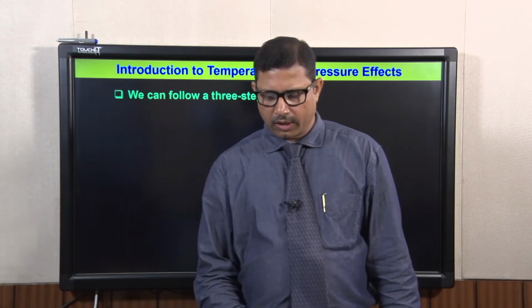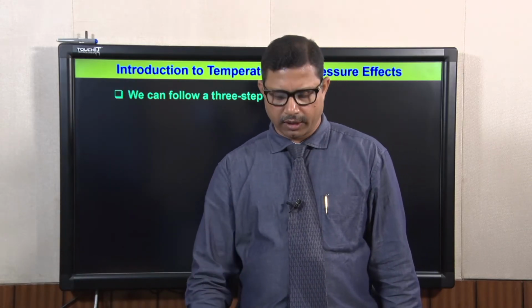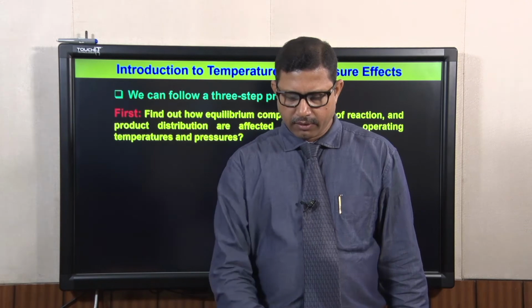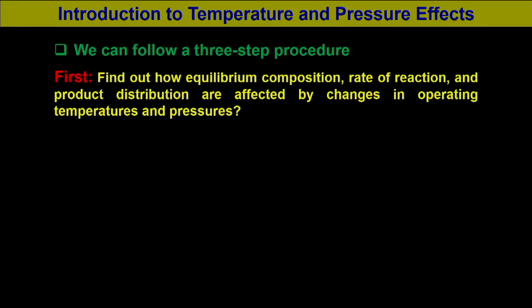We can follow a 3-step procedure. First, find out how equilibrium composition, rate of reaction and product distribution, these three, are affected by a change in the operating temperature and pressure.